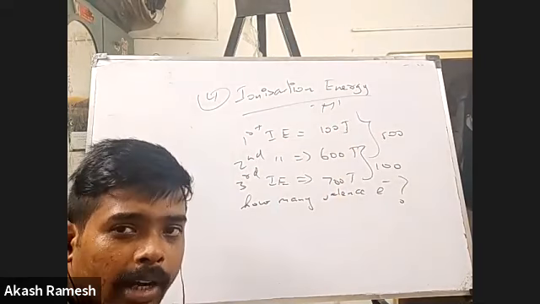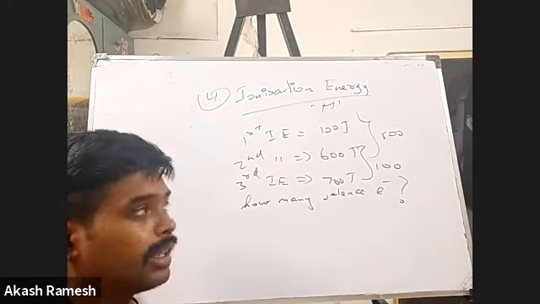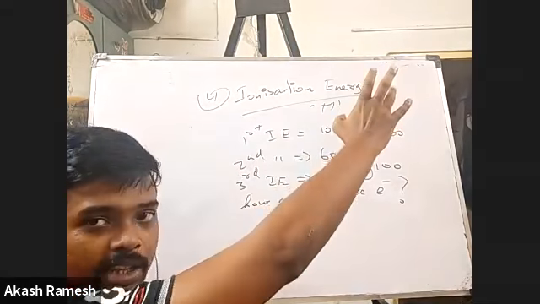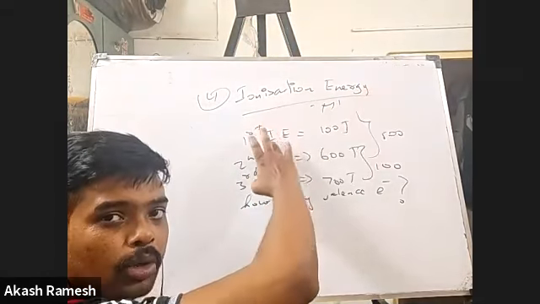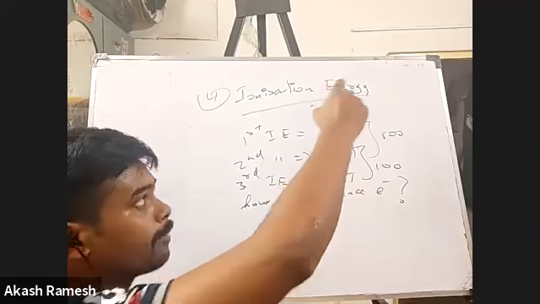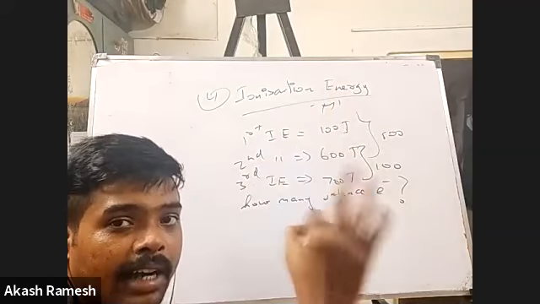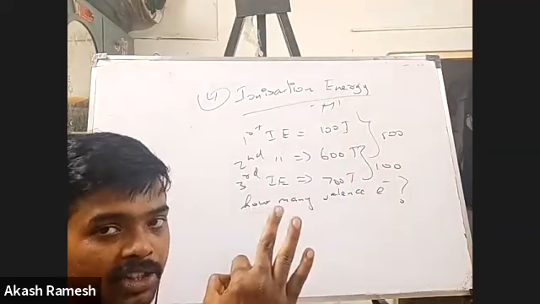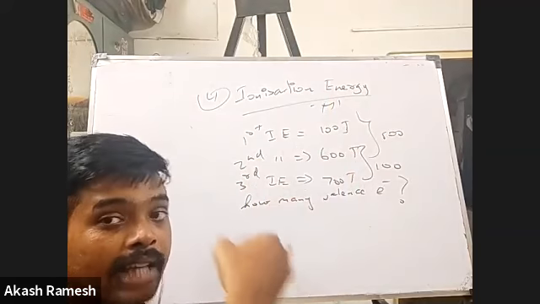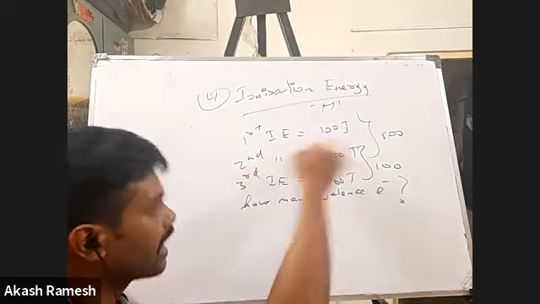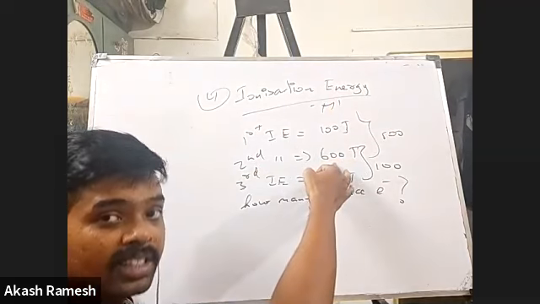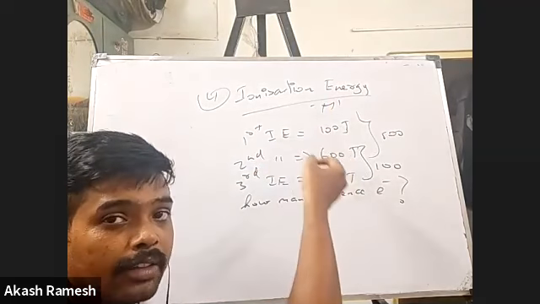So after the removal of the first electron itself, that particular element M has attained a stable electronic configuration. And that is why removal of the second electron becomes very, very difficult.